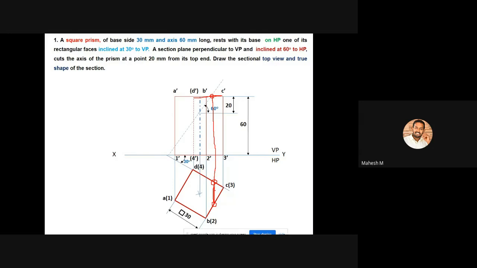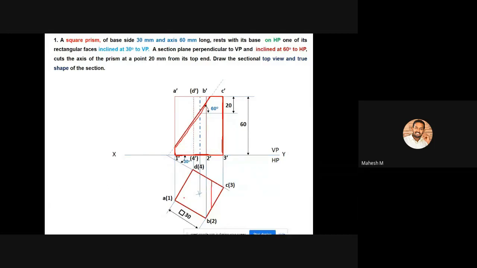Then you can create your sectional lines. After doing that, you can highlight these front view surfaces. We have removed the top surface, so only this particular diagram should be highlighted. Then you can create a line for these 2 points.